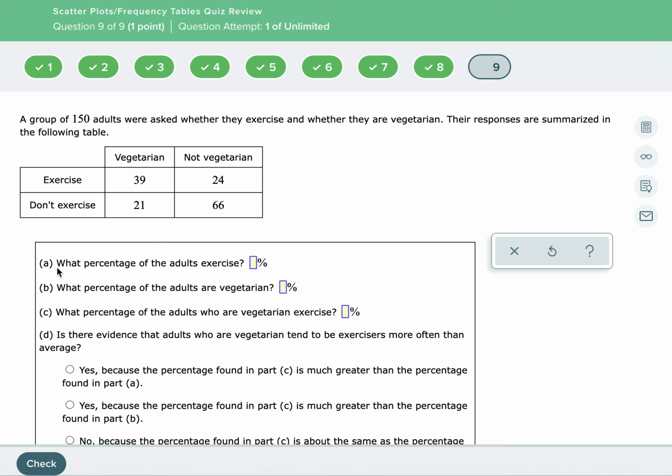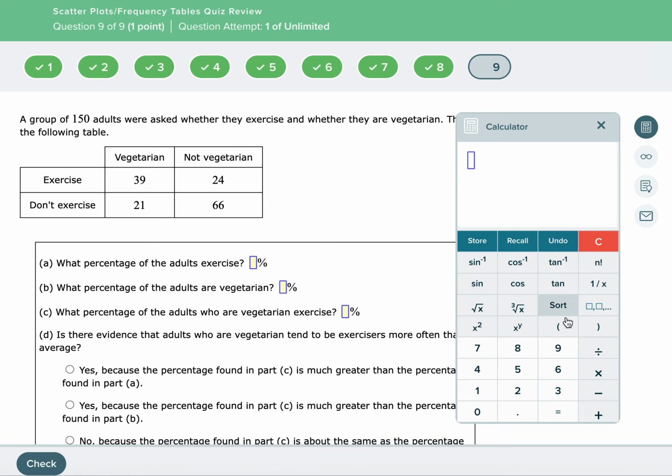So first question, what percentage of the adults exercise? You just find that's going to be this entire row, because you've got 39 who are vegetarian who exercise, but you've also got 24 who aren't vegetarian who exercise. So we're going to add that up to figure out how many total people exercise. 39 plus 24, so you've got 63 people, and then it's out of 150.